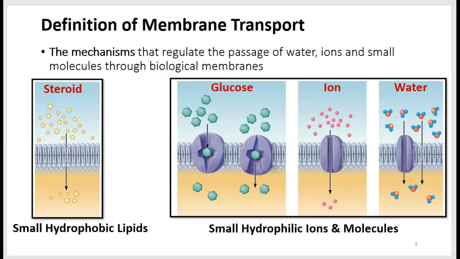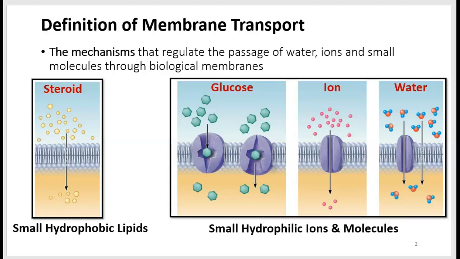Notice that each compound goes across the membrane by a different route. The small hydrophobic steroids can cross the phospholipid bilayer directly. Glucose, the ion sodium, and water are all polar hydrophilic compounds or ions.